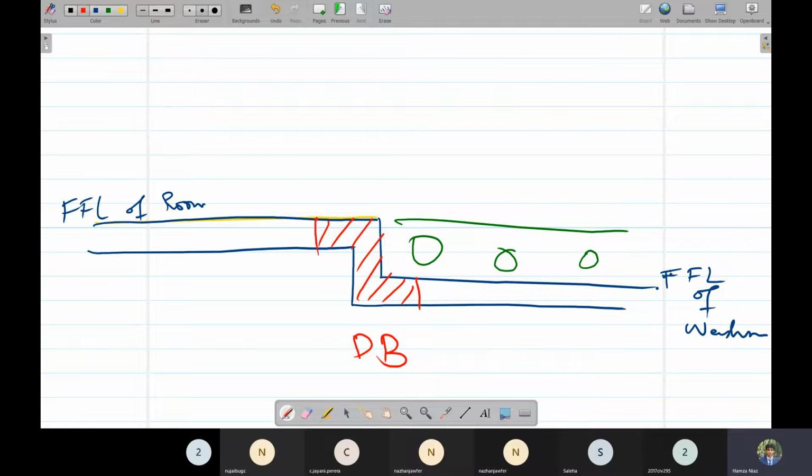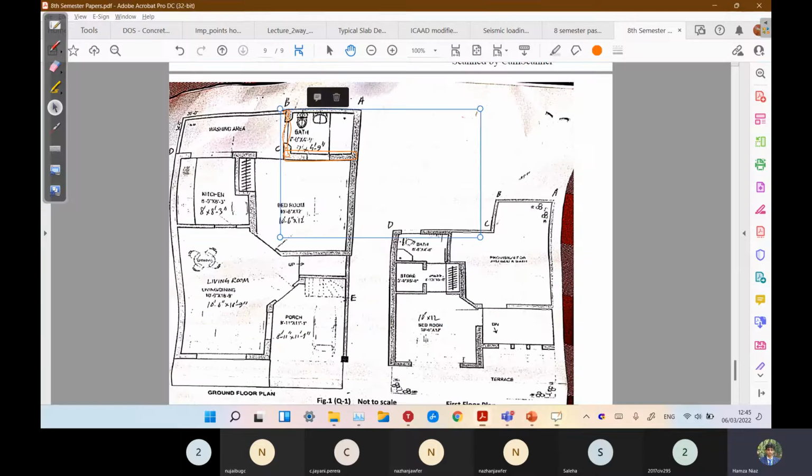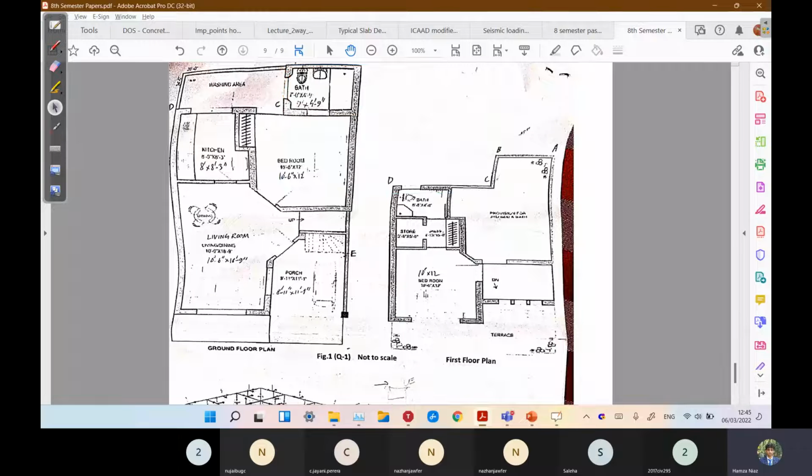The fifth one can be if the slab of the ground floor is very large. For example, if we look at this living room, this slab is like 10.5 by 16.75. If it was 26.75 instead of 16.75, then we cannot provide this large slab in one go.